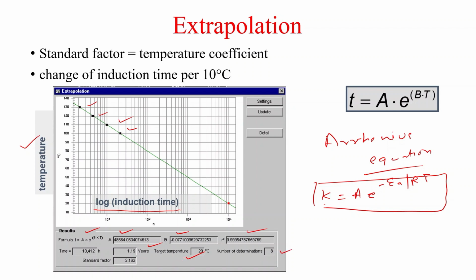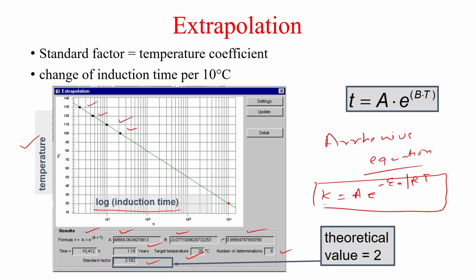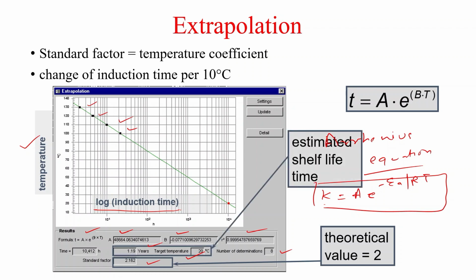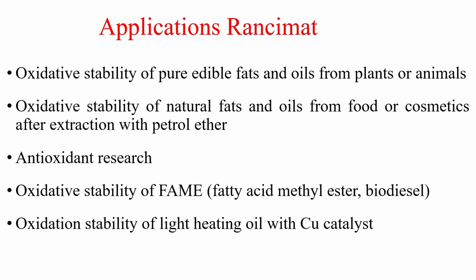So 8 time determinations have been done, and then the Q10 value of 2.162 is obtained on the software. Okay, so the change in induction time per degree Celsius, that is the temperature coefficient. So this is the extrapolation software which is there in the Rancimat. The theoretical value is generally 2 for this type of reaction, and this is the estimated shelf lifetime, that is 1.19 years.